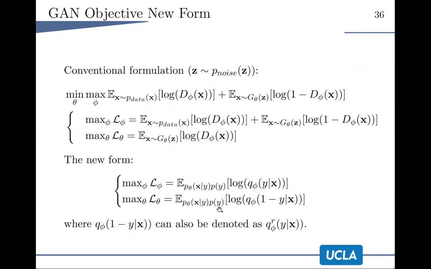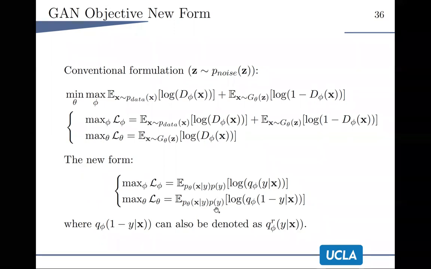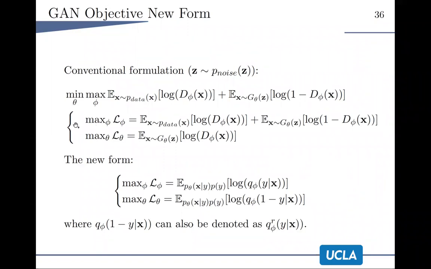To my understanding, it's probably just the way people express it. In the conventional old form, we can actually add the first term into the loss as well, but it doesn't affect the outcome at all.